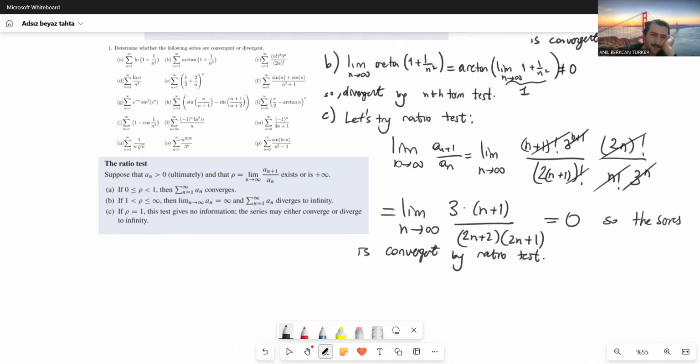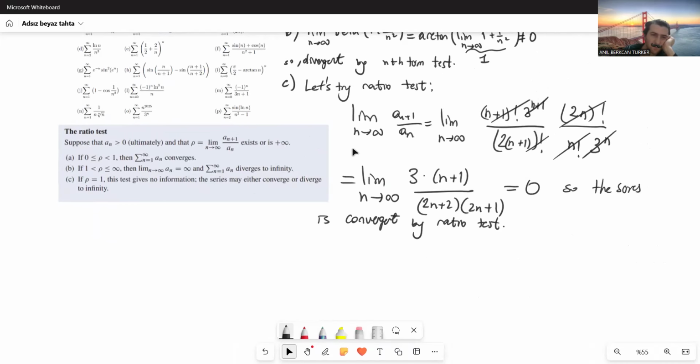So let's solve part D. Let me rewrite it. ln n cubed. It is rather easy. We have talked about this, ln n is less than n.